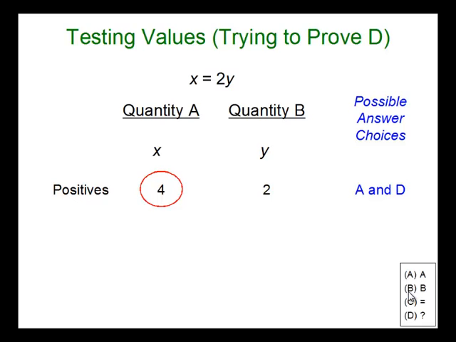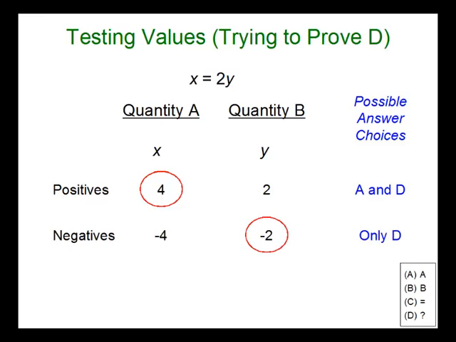But we know for sure that B is not possible, because here's a case where B is not greater. And we know for sure that it's not always true that the 2 quantities are equal, because we've shown here A is greater. So C is eliminated. And this is what I mean by it's almost always possible to eliminate 2 choices with one simple check.